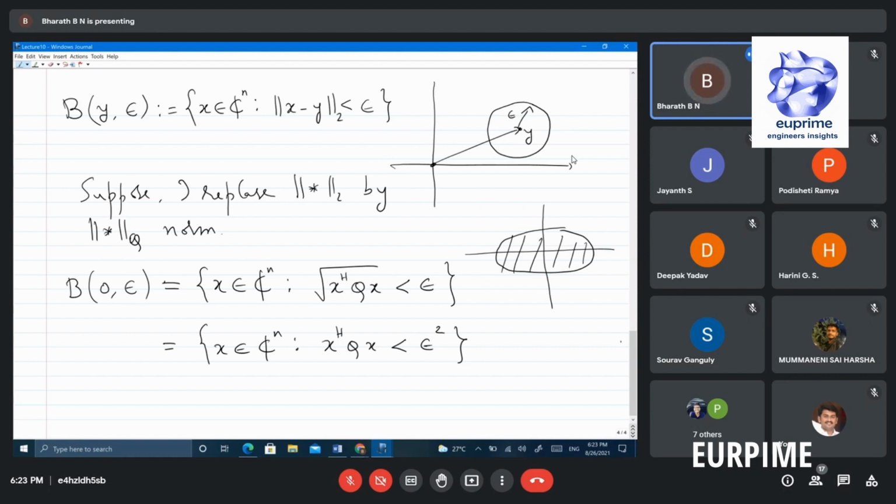You can imagine the same thing in 3 dimensions, but beyond that we cannot. Is that fine? So it's not necessarily the case that an epsilon ball in n dimensions looks the same; it depends on what kind of norm you have used to define the ball. By changing the norm, you'll get different shapes. Keep that in mind.